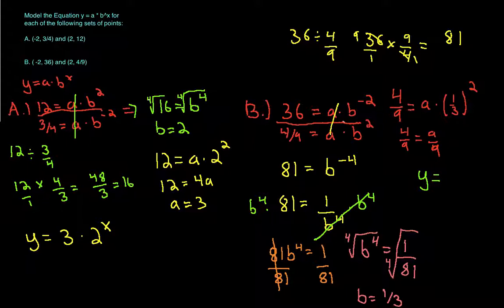I can then multiply both sides by 9, and I find that a is equal to 4. So my equation becomes y is equal to 4 times 1/3 raised to the x.